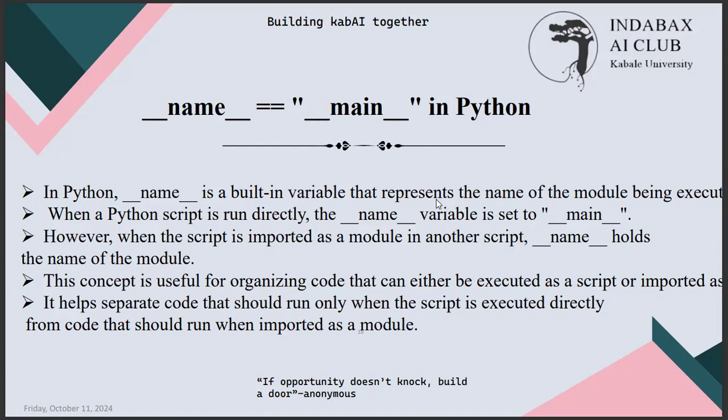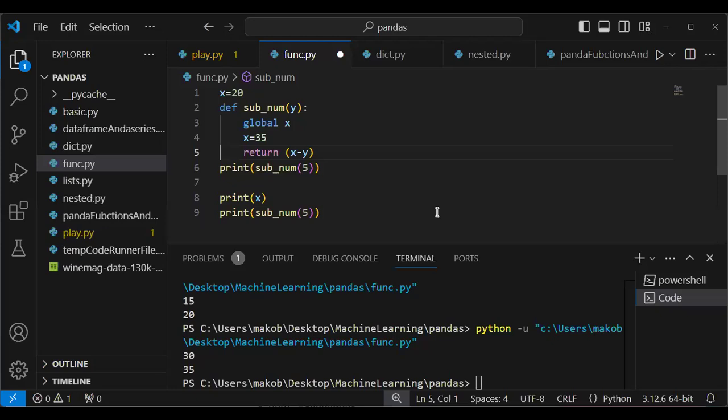This concept is useful for organizing code that can either be executed as a script or imported, and it helps to separate the code that should run only when the script is executed directly from the code that should run when imported as a module. So when using functions, you have a chance to import some stuff.